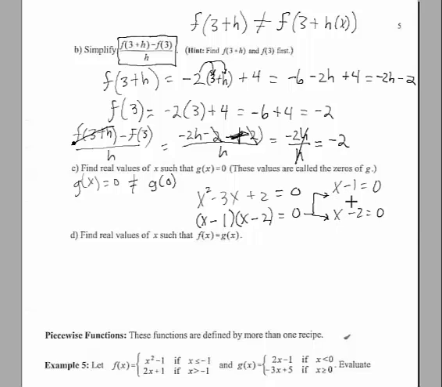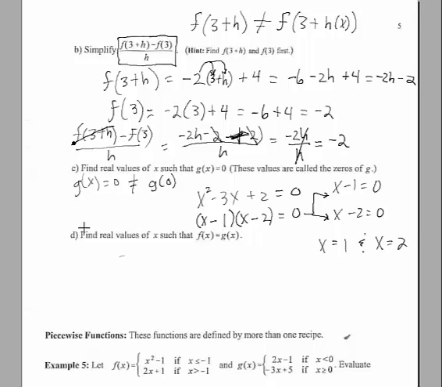If I solve these two separately, I would get the result x equals 1 and x equals 2. x equals 1 because I add 1 to both sides of this equation. So you could look at these two numbers two different ways. You could call them the zeros of g of x, or you could call them the x-intercepts of g of x.